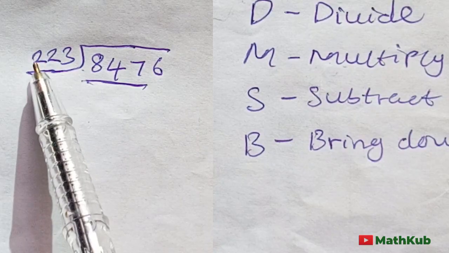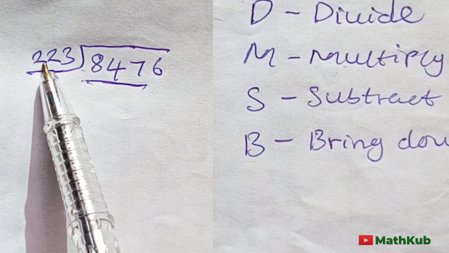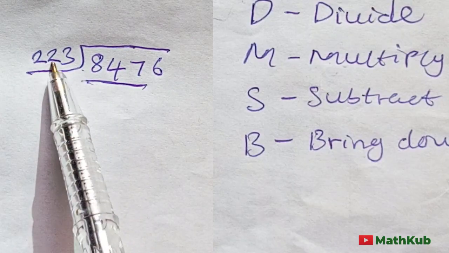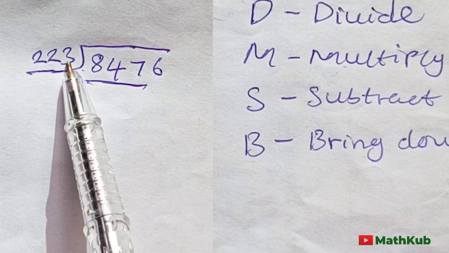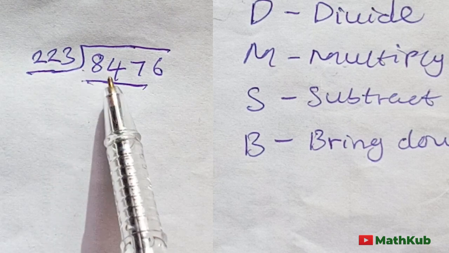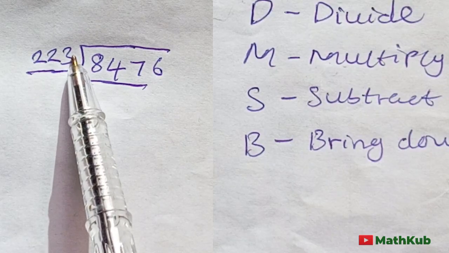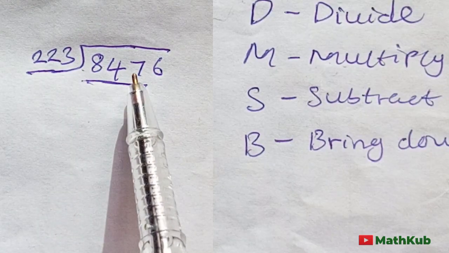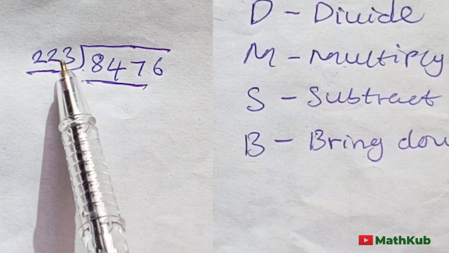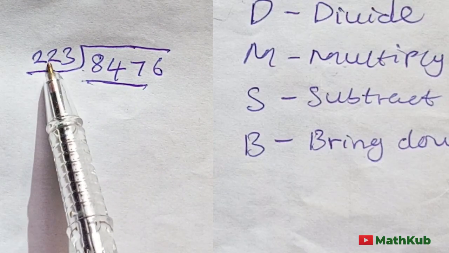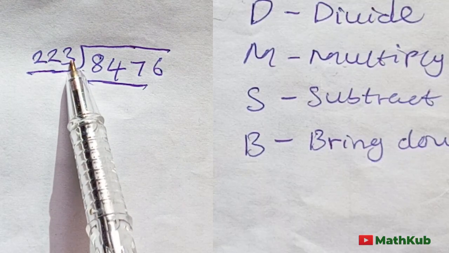Let's check 3. 2 times 3 is 6, and 2 times 3 times 3 is 9. So 6, 6, 9. And the next should be 8, 8, and this one will be 12.